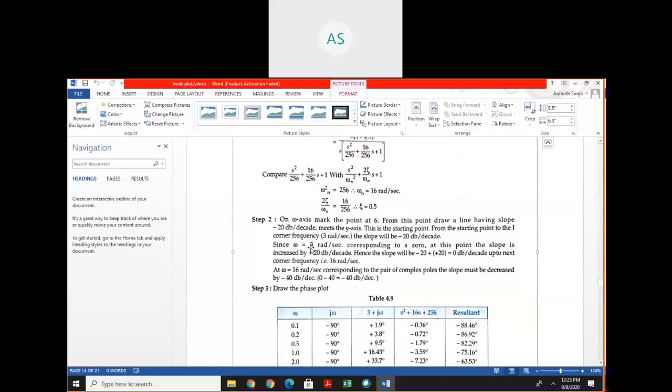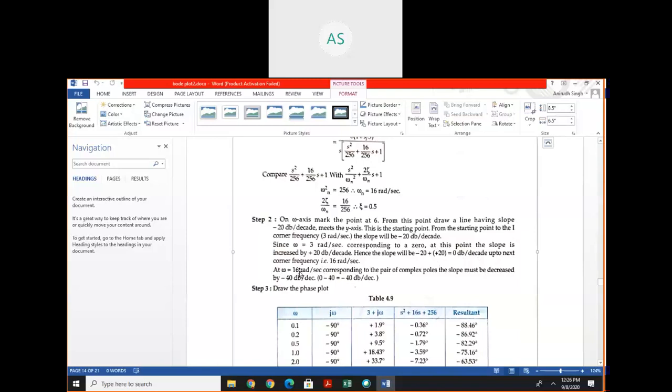Then at omega is 3 radians per second, corresponding to a zero, this point. At this point the slope is increased by 20 dB per decade because one zero is activated. So minus 20 dB plus 20 dB is 0 dB up to the next corner frequency.